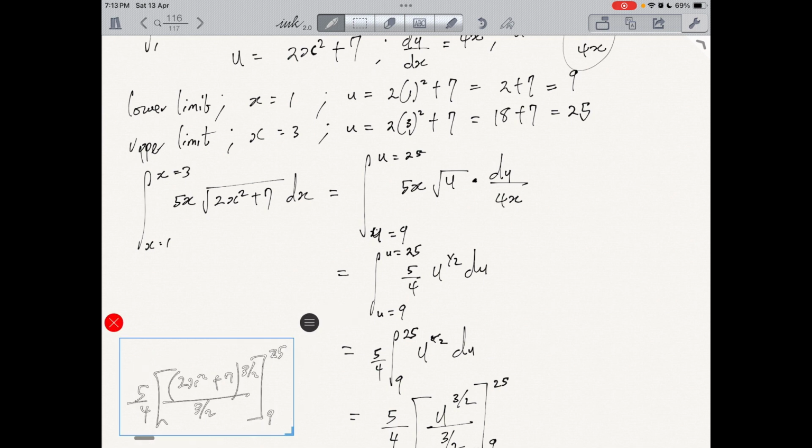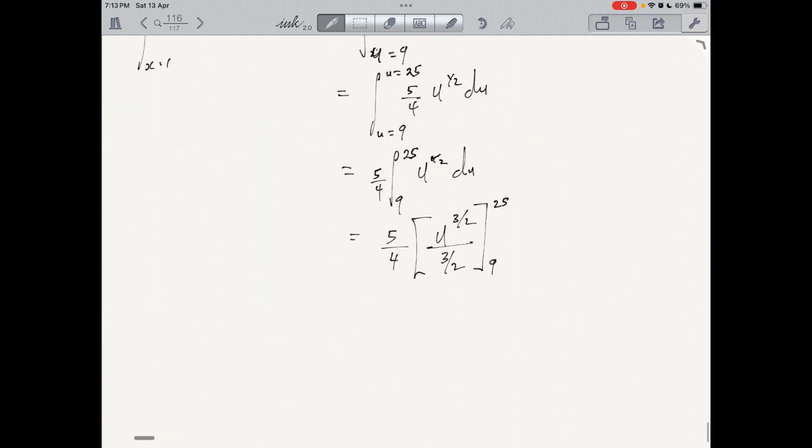So going ahead to solve this, 5 over 4 divided by 3 over 2 becomes 5 over 6, with square root of u raised to power 3 from 9 to 25. This involves the application of the law of indices.